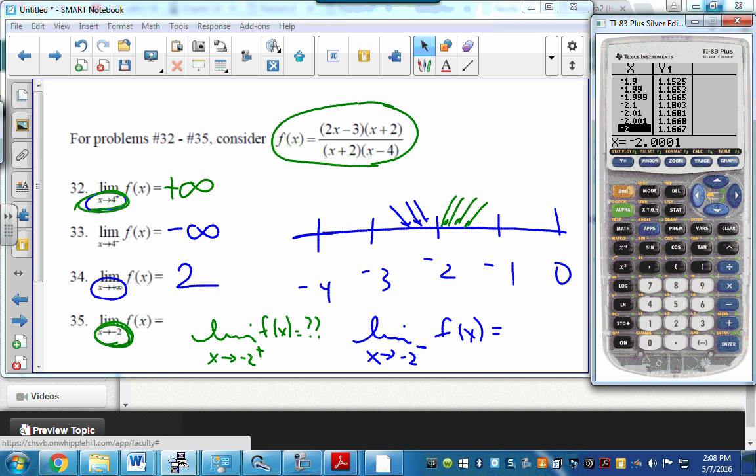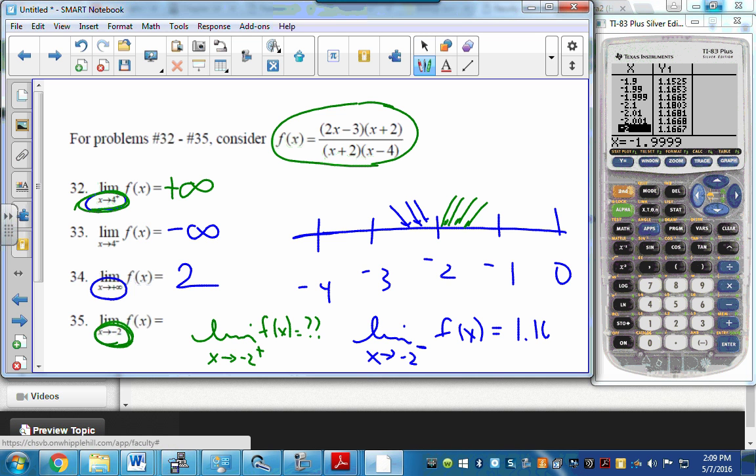Okay, 1.16667, -1.9999. Okay, so yeah, seems to be getting close to about 1.167, somewhere around there. So if I wrote that down, 1.1666, I think I would be good.